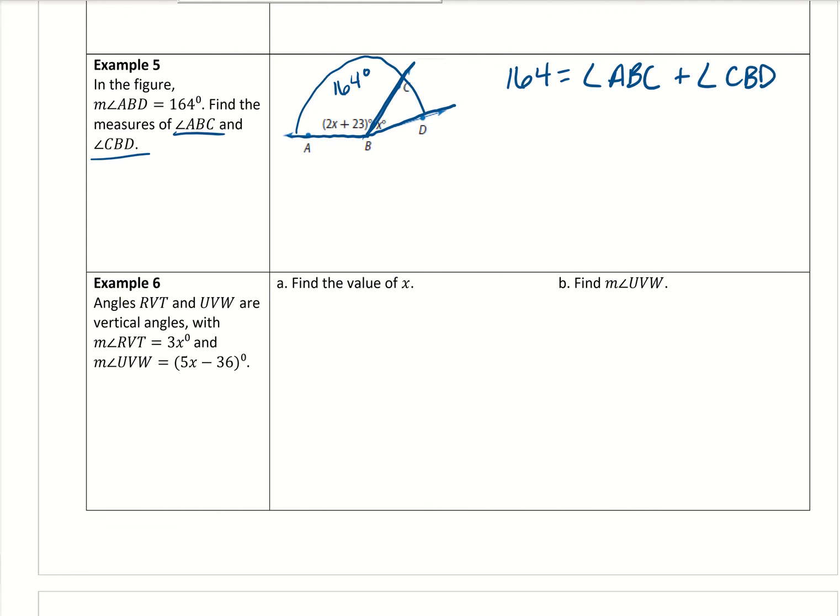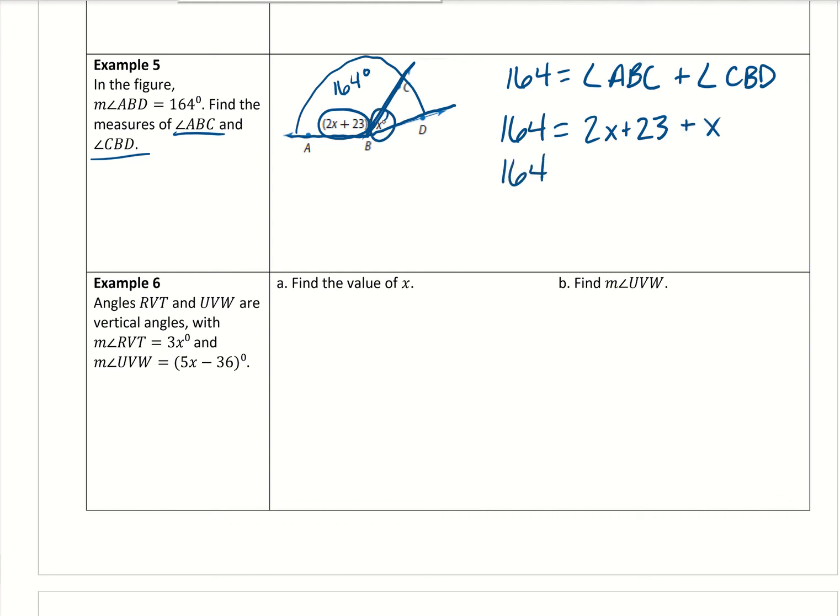After that, I'm going to plug in what I have for each of those angles. So 164 obviously stays the same. Angle ABC, we can see that is 2x plus 23. And angle CBD is just x. So I'm going to add one more x.